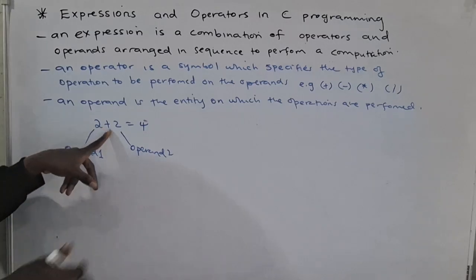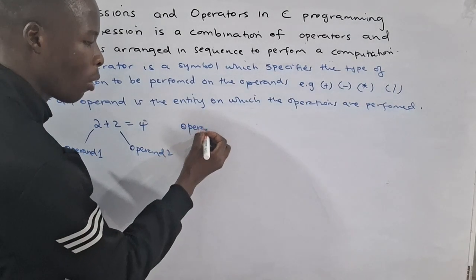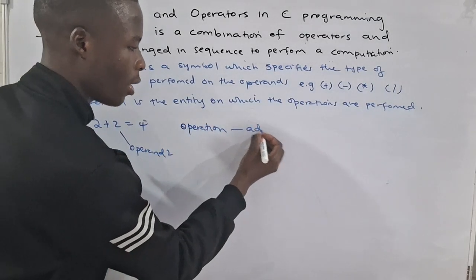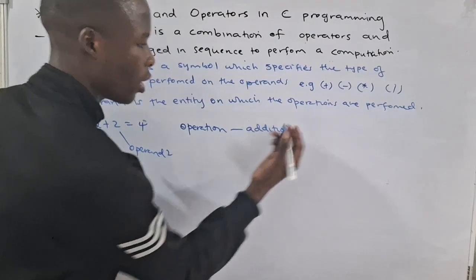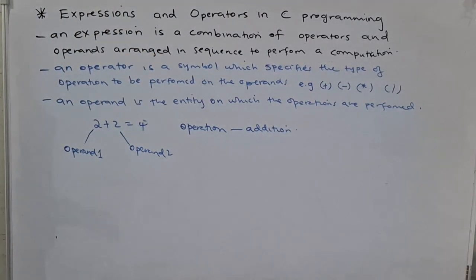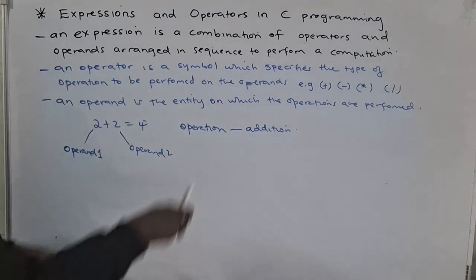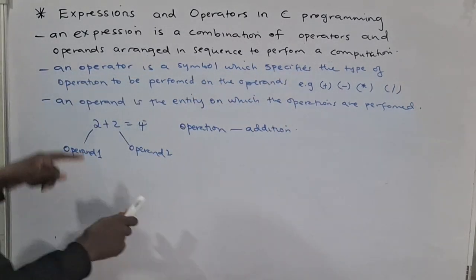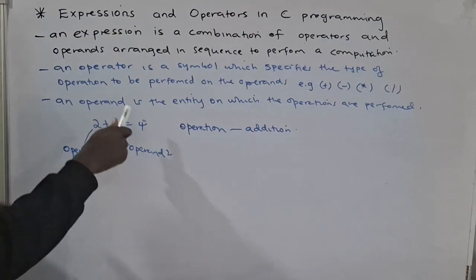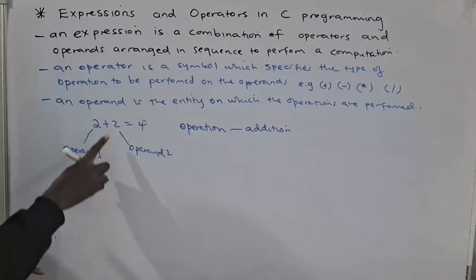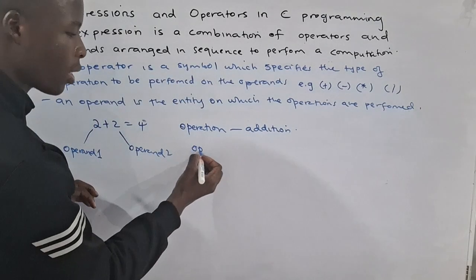In this case, what is the operation? The operation is addition. What about the operators in this case? An operator is a symbol which specifies the type of operation to be performed on the operand. In this case, I have 2 operators.